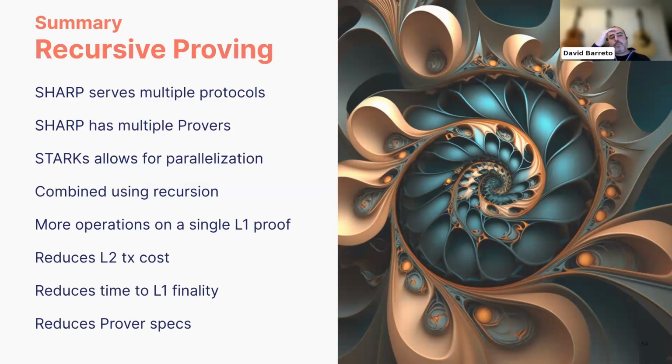Those parallel proofs are combined using recursion, which I showed you graphically how it works in the abstract, which has some benefits: you can have more operations on a single layer one proof, which reduces the average cost of those layer two transactions, reduces time to L1 finality, and reduces the proof size. So you get three great benefits by having recursive proofs thanks to ZK-STARKs.